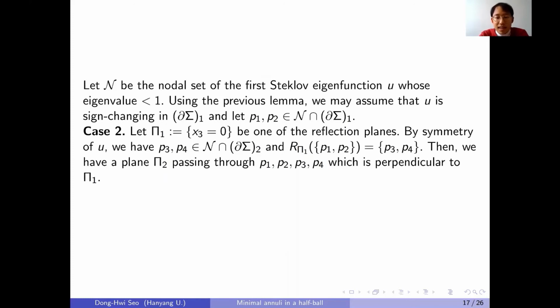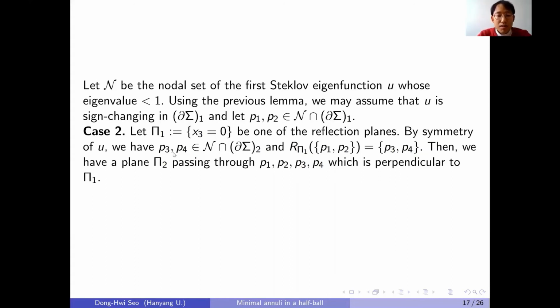Now for the second case, let's say the reflection plane pi 1, which is defined by the x3 coordinate equal to 0. Then this plane does not meet the boundary of the surface. Since we have 2 nodal points in a boundary component, by the symmetry of the first eigenfunction, we have 2 nodal points in the other boundary component.